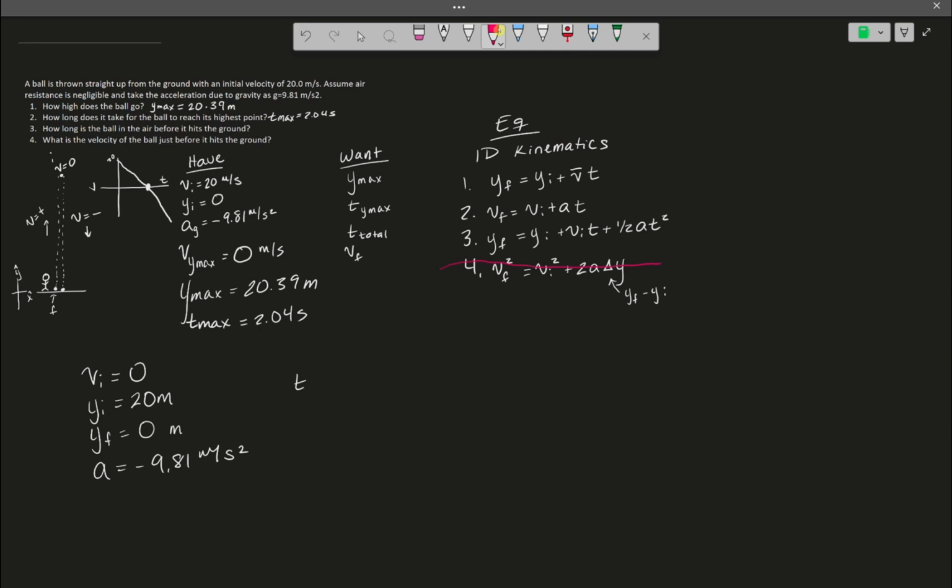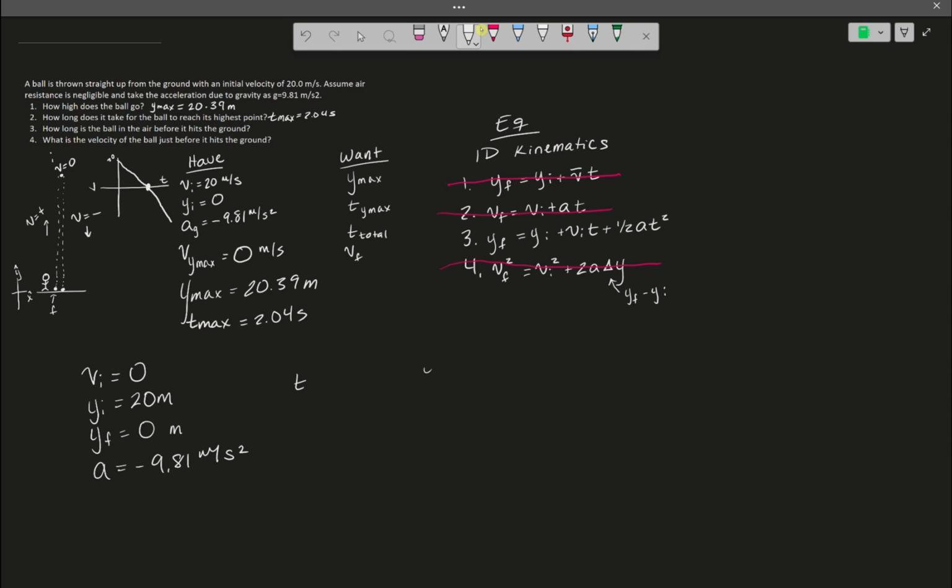So for example, equation 1 is going to require a final velocity because of that average velocity, and it's also going to require time. That's two unknowns, so I won't be able to solve that equation. The same thing goes for equation 2. I don't have that final velocity, and I'm solving for time. That's two unknowns with one equation. I won't be able to solve that. But I can use equation 3 here.